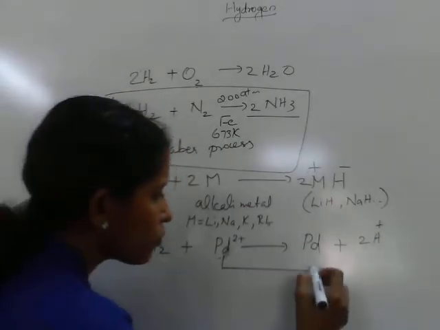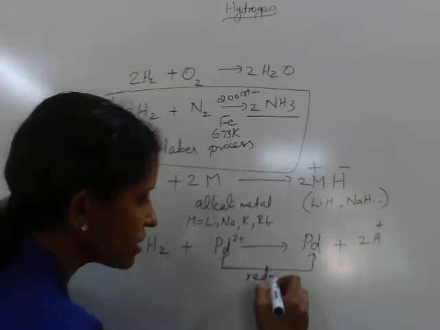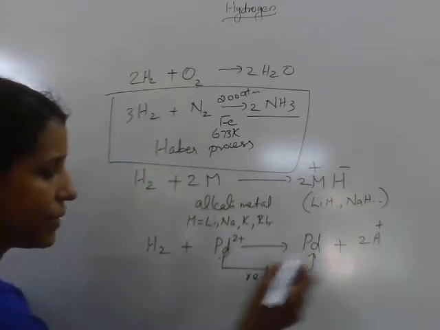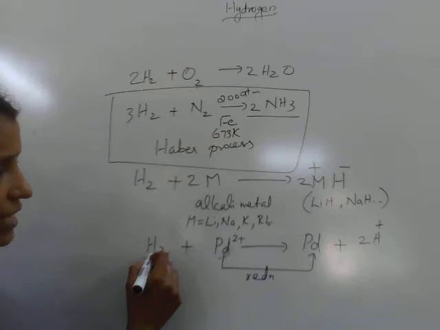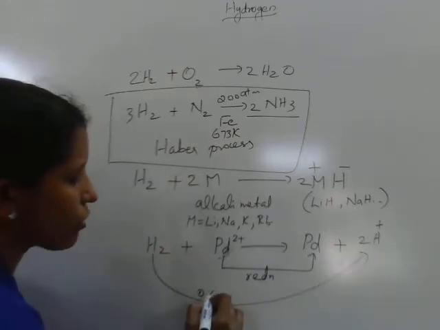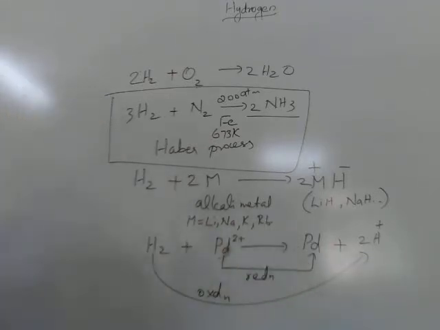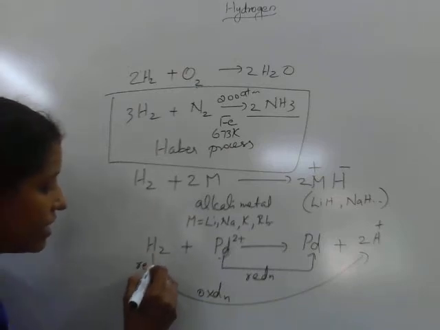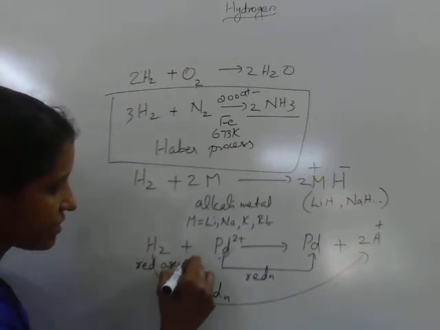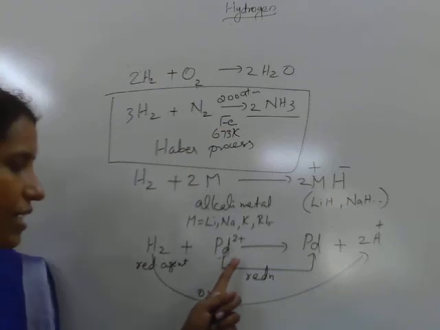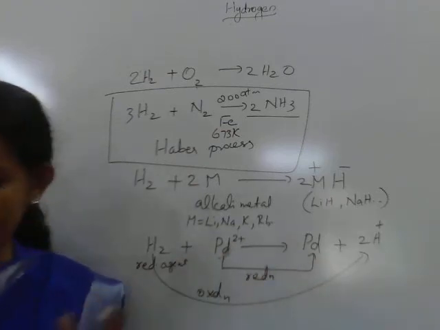That is, palladium 2 plus is reduced, this is reduction, to palladium, and dihydrogen is oxidized, this is oxidation, to H plus ion. Here dihydrogen acts as the reducing agent, the reductant. Dihydrogen reduces palladium salt to palladium.